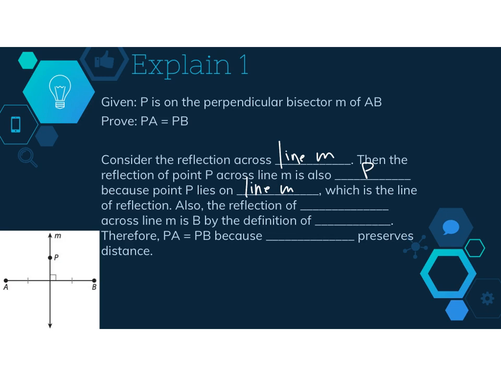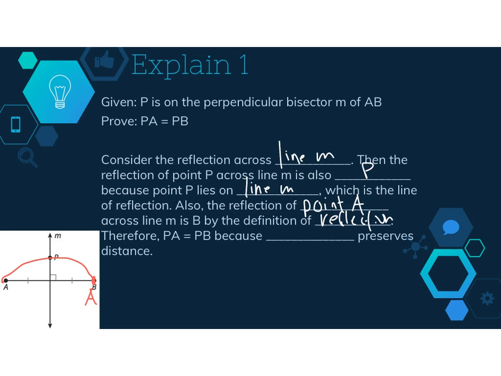That's important. Also, the reflection of point A across line M is B. So as we take this point here and reflect it over here, A lands on B, and that is by definition of reflection.